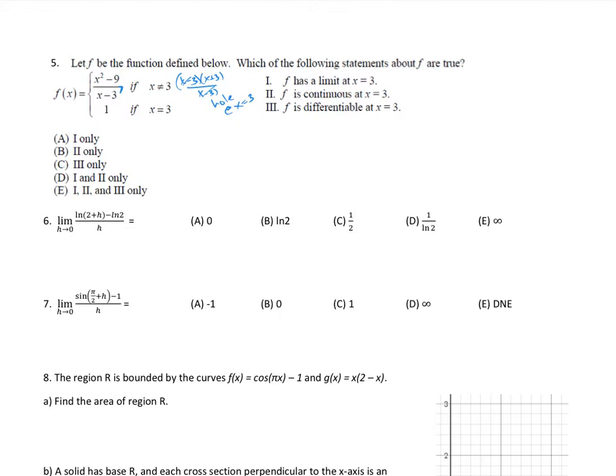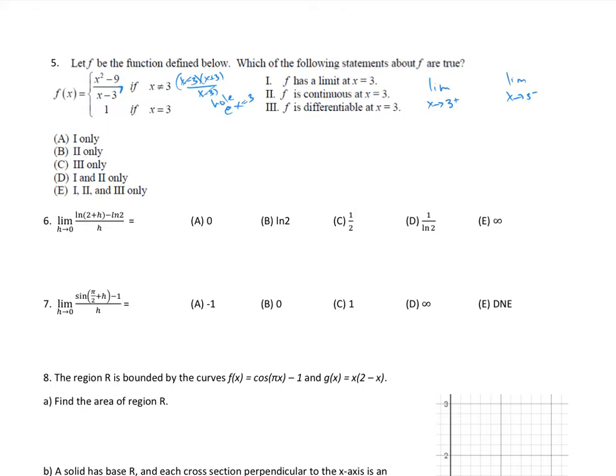All right, so let's see. Does f have a limit? Is it continuous? Is it differentiable? So for this one, we know it has a hole at 3. So let's start with finding the limit, the limit as x approaches 3 from the right and the limit as x approaches 3 from the left.